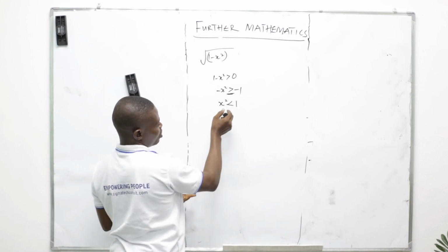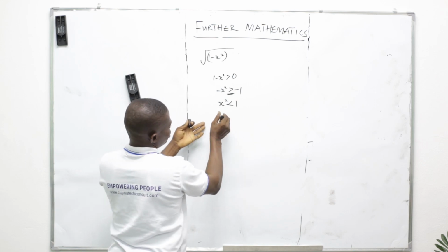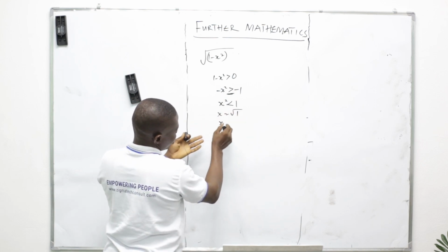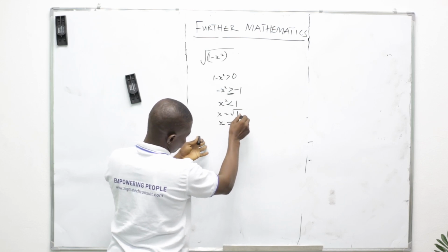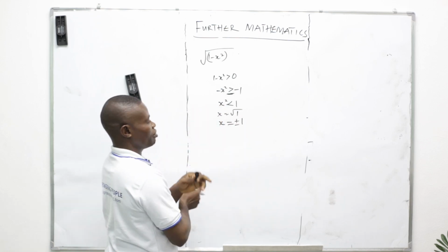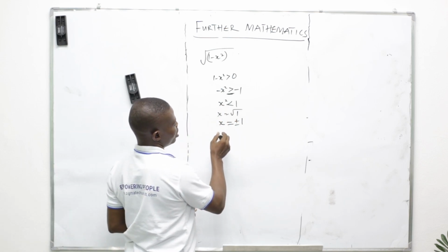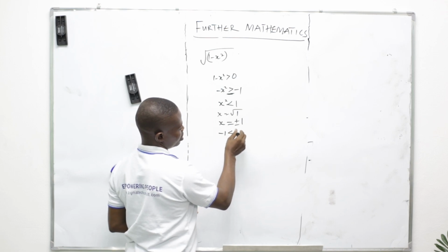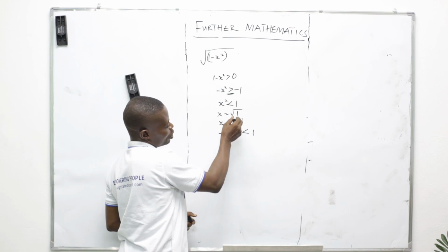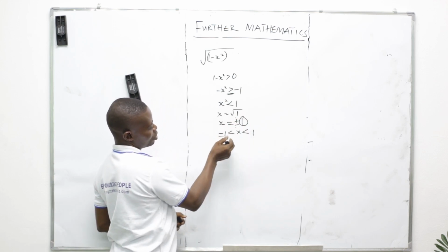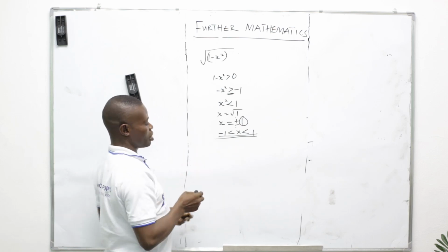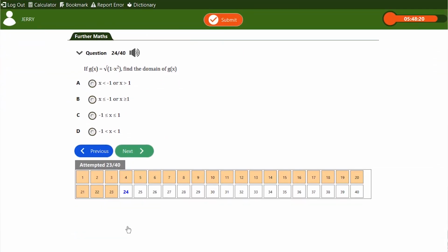Now, if I want to take the square root of this, because x squared will now be what? Root 1. Absolutely, it is what? Plus or minus 1. But recall, look at what we are having. We are having a symbol less than. That means that minus 1 is less than x, then less than 1. Minus 1 is less than x less than 1. So minus 1 less than or equal to x less than or equal to 1.